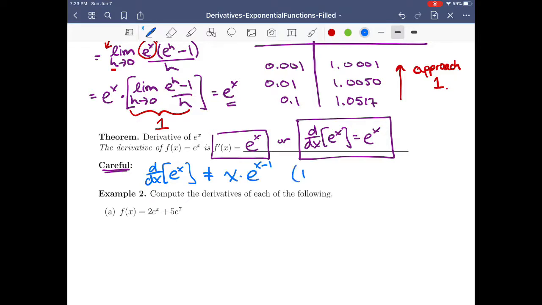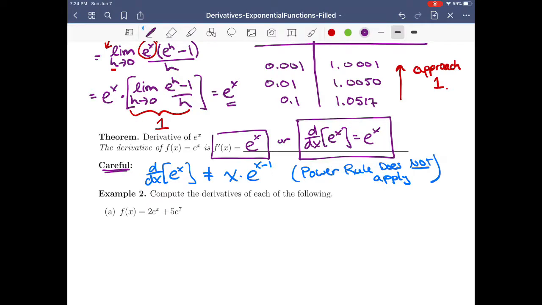The power rule does not apply, so you cannot use it. You can only use the derivative of e to the x as e to the x. The power rule only applies when it's x in the base and the exponent is a number, not when the exponent is a variable.